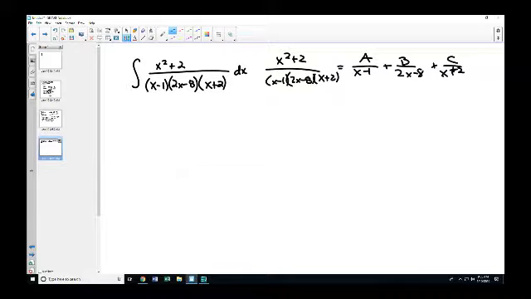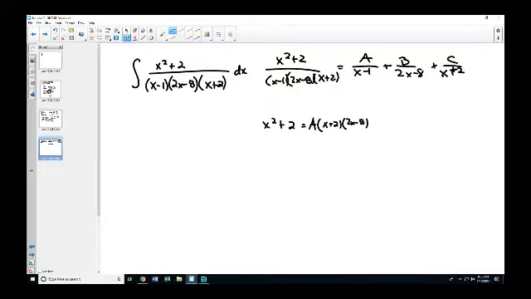And so how do you set that up equal to x squared plus 2? x squared plus 2 equals, what is A multiplied by? x plus 2 and 2x minus 8.